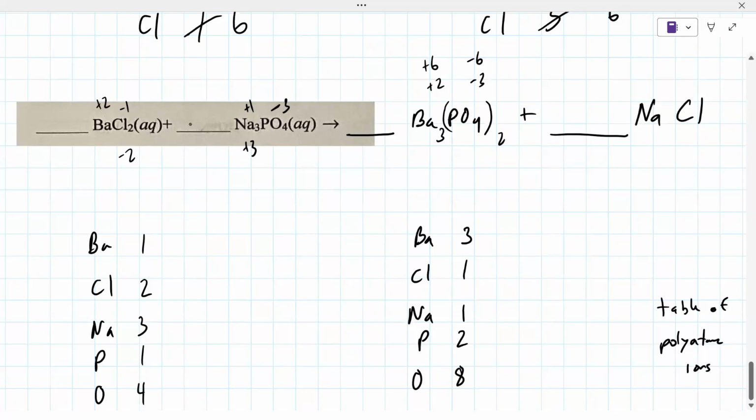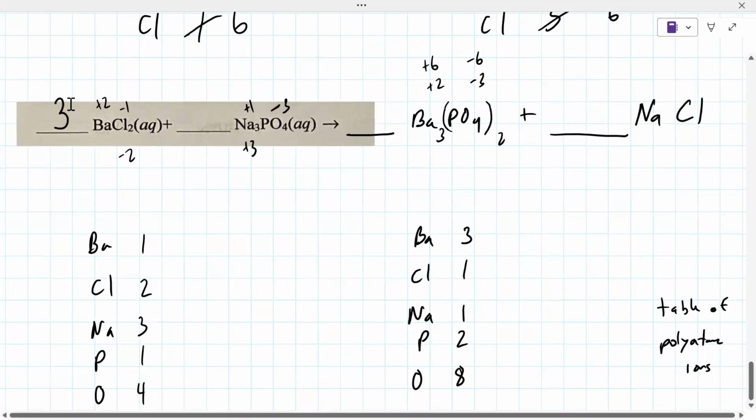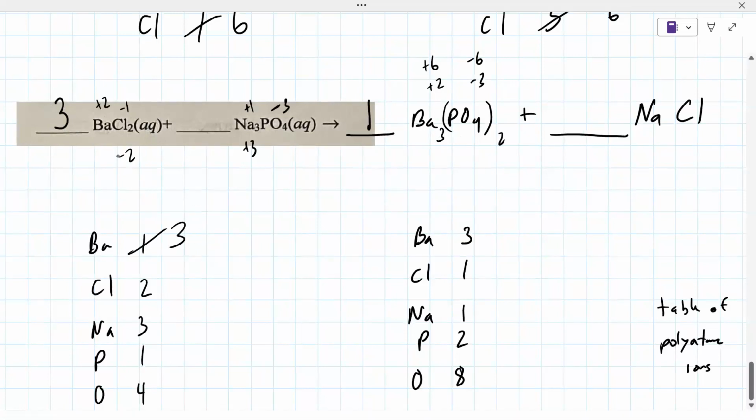So this time you know that the number in front, like you just said, 3 has to be a multiple of this. Whatever you put here, if there's a 1 in front of the Ba3, it's a multiple of 3 there. So what does that do? Well, it pushes that to 3, and then Cl goes to 6, which means that you're going to need a 6 over here.